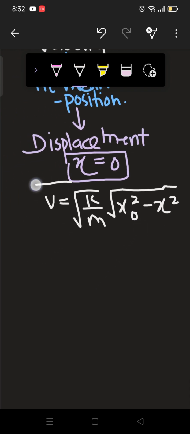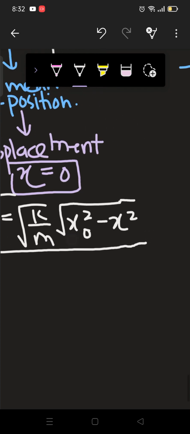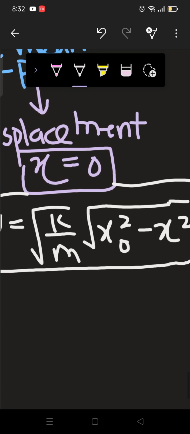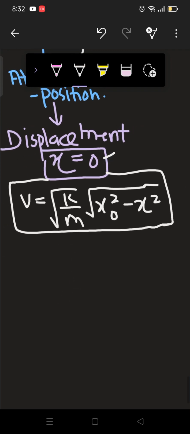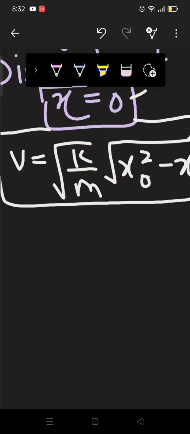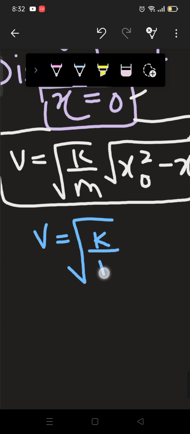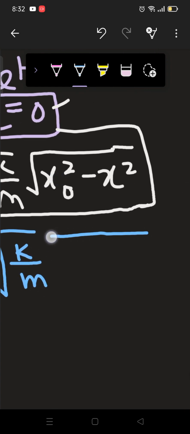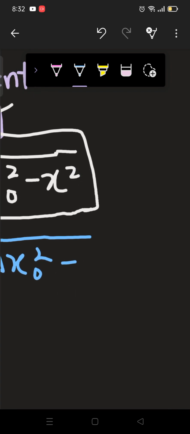Now see, we put x equal to 0, which means our displacement is 0 at the mean position. So let's substitute the value of it. v is equal to under root k over m into under root x naught square minus 0 square, right?